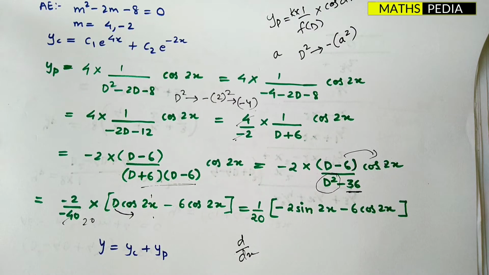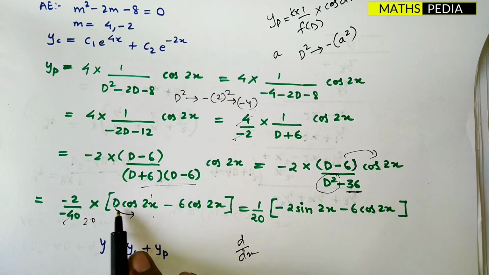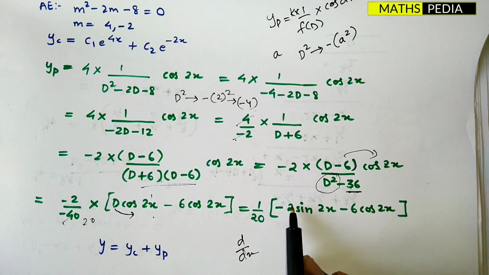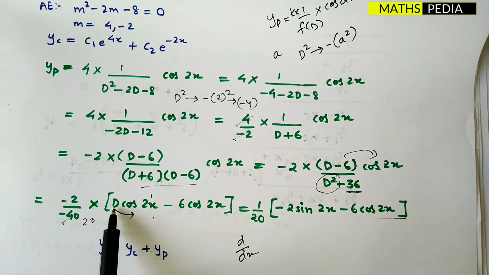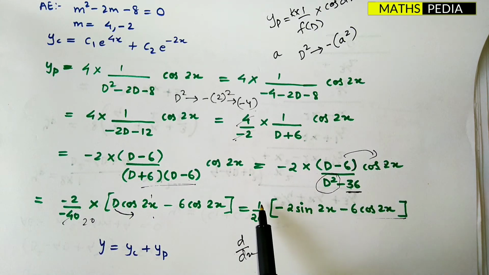Now differentiation of cos 2x is minus 2 into sin 2x. Minus 6 cos 2x will remain there. Our intention is to remove this D, so first D means d by dx. So 1 by 20 we got after simplifying, then minus 2 sin 2x minus 6 cos 2x.